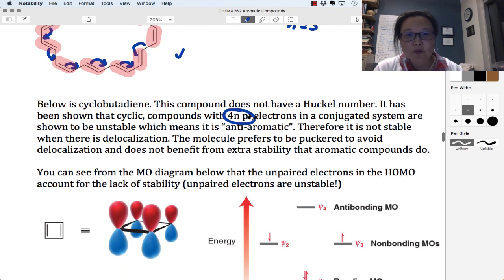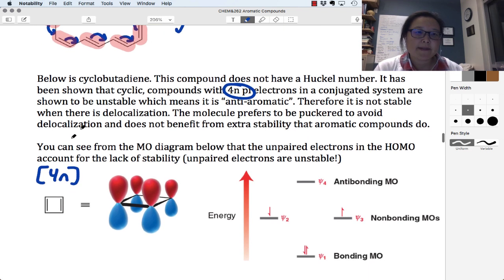If it only has 4n, then that means we're talking about numbers like 0, 4, 8, 12, 16, multiples of 4, okay? So if we have multiples of 4, then we don't see that they're stable. In fact, molecules with 4n pi electrons are actually destabilized. They are anti-aromatic. That's even worse than being non-aromatic.